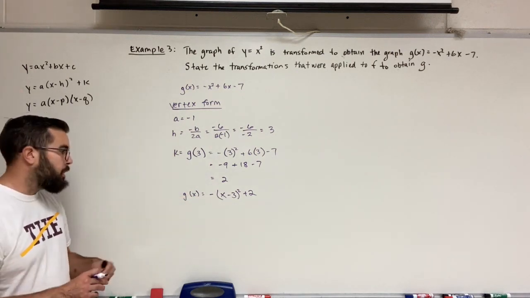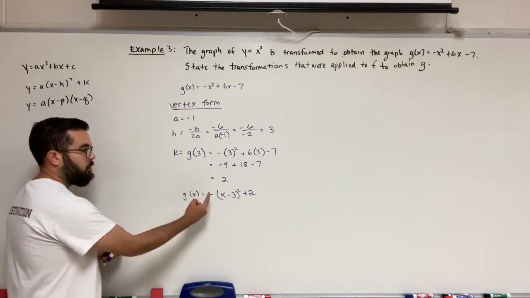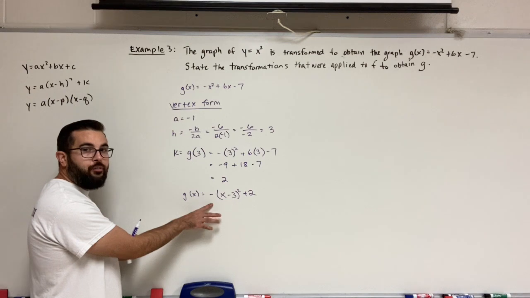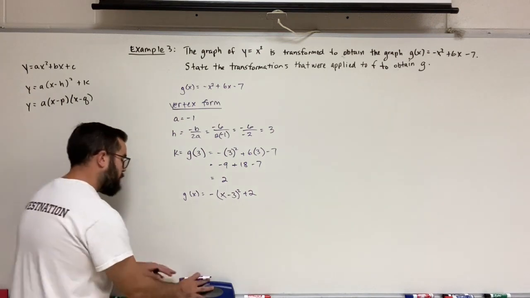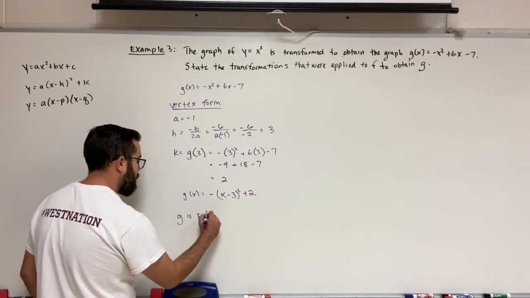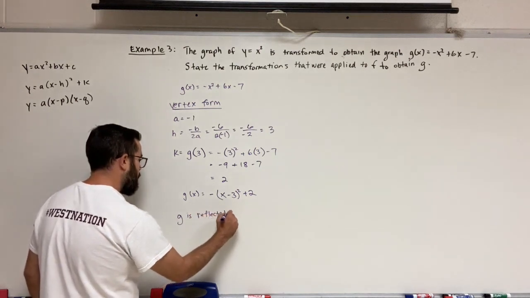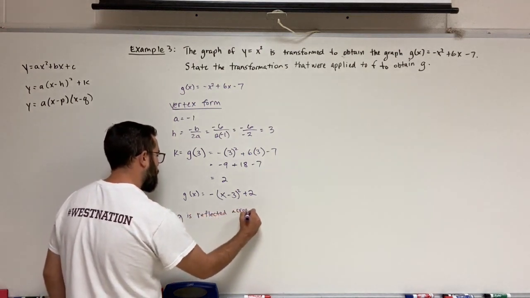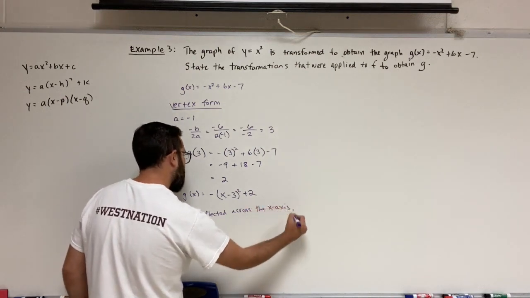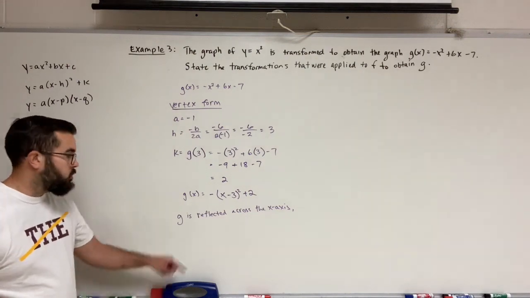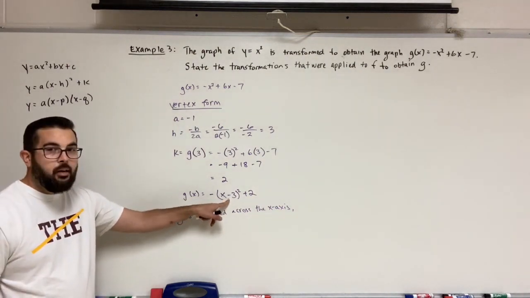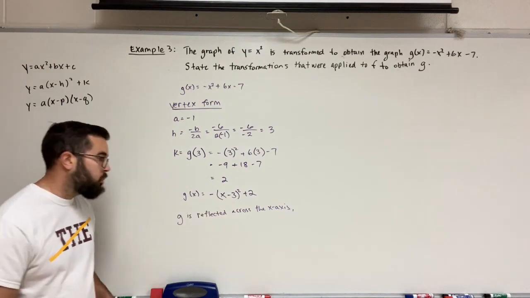Now to write the transformations. This negative a value produces a reflection across the x-axis. So g is reflected across the x-axis. So I did that negative. Now what does that 3 do? That minus 3 shifts to the right 3 units.